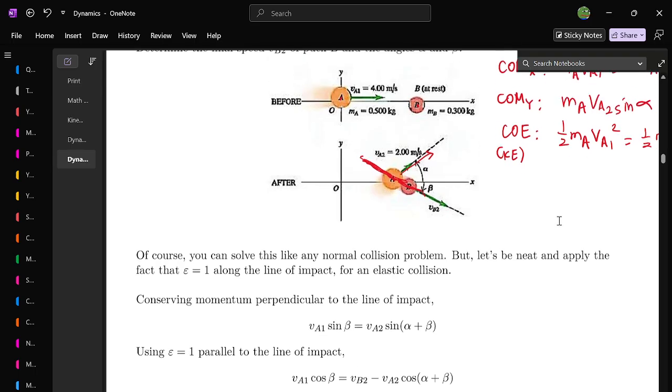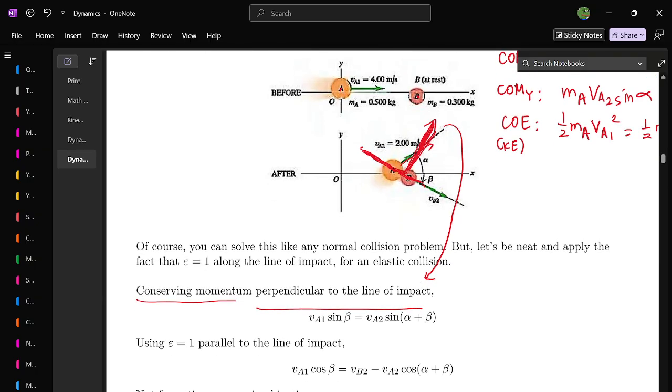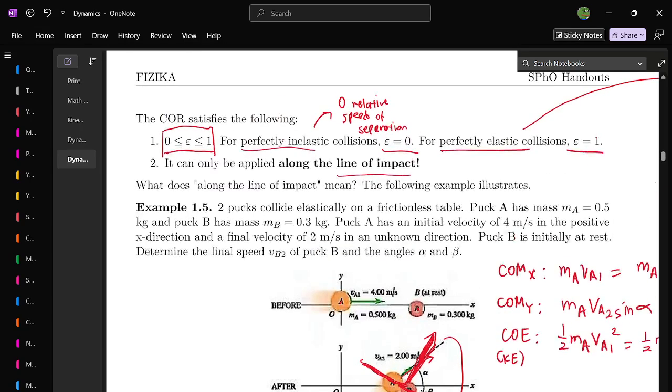Firstly, as per normal, we conserve momentum. In this case, I choose a direction that's perpendicular to the line of impact to conserve momentum. The equation is simple because B never has momentum along this axis. Now I will use epsilon equals 1 parallel to this line of impact, because COR can only be applied along the line of impact.